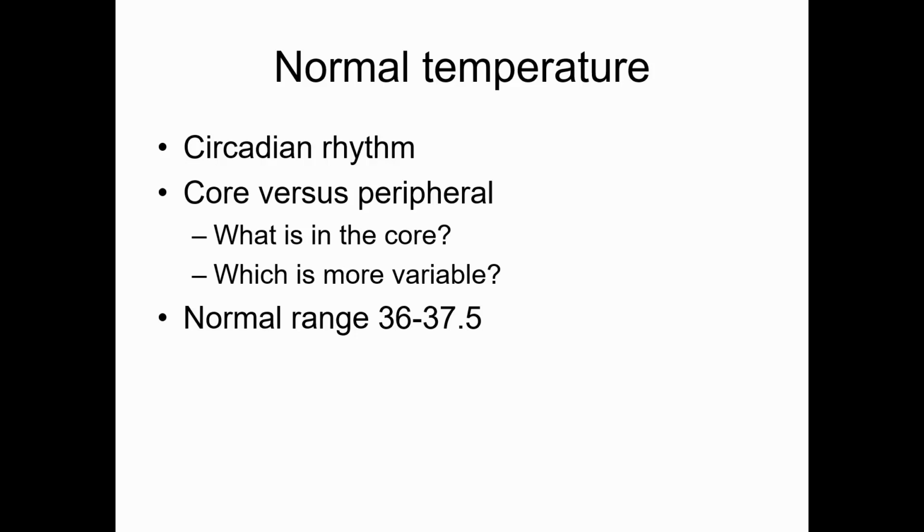We think about core temperature versus peripheral temperature. The core is in your torso, in your head, the vital organs, the brain and the heart and the lungs, etc. And the core is maintained by negative feedback and is fairly stable. The peripheral temperature is going to be more variable, depending on what you're doing to maintain homeostasis.